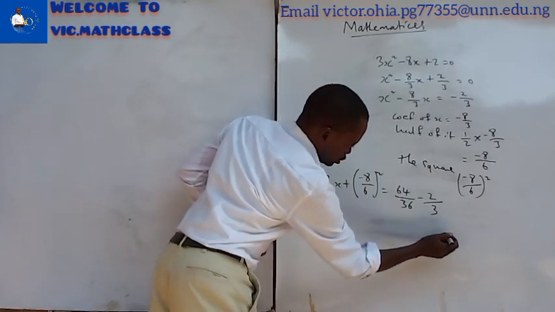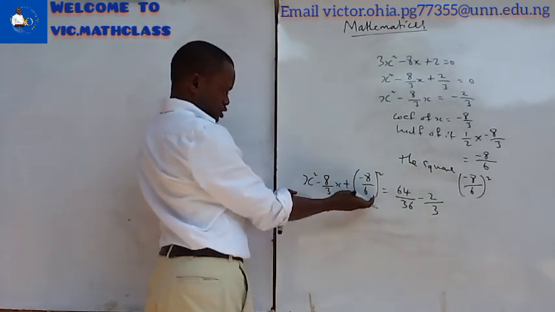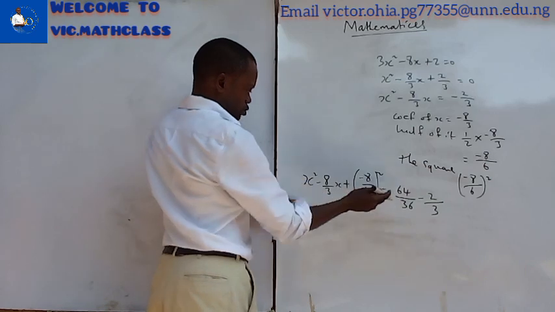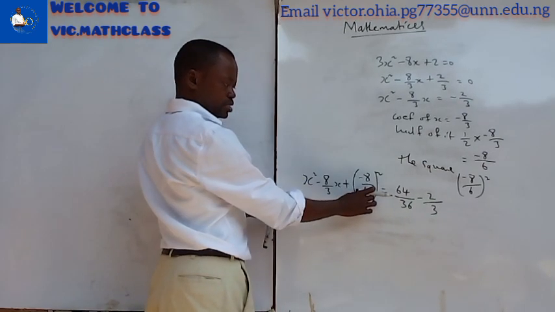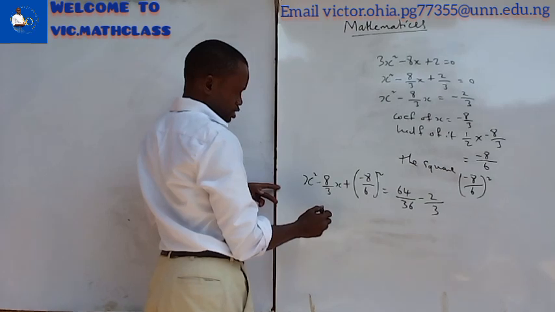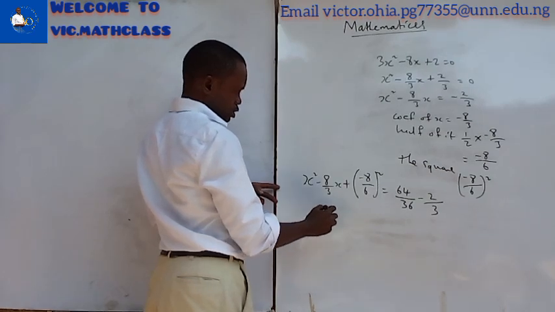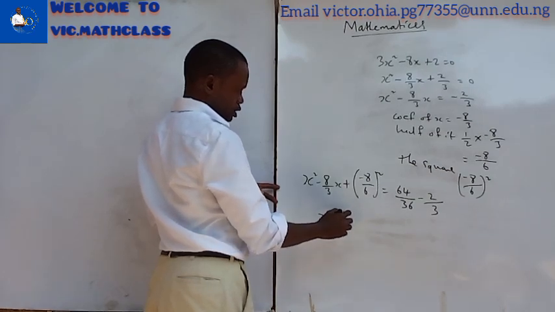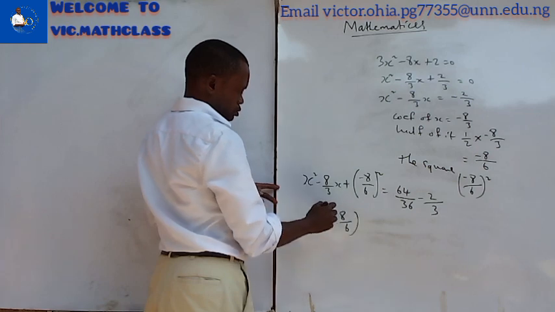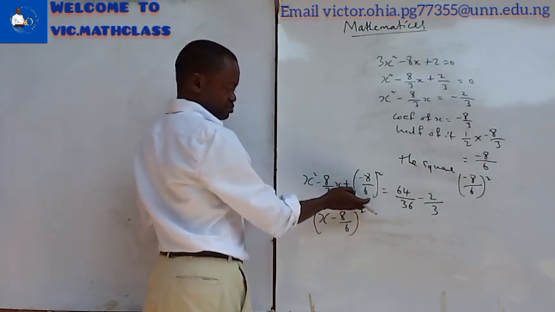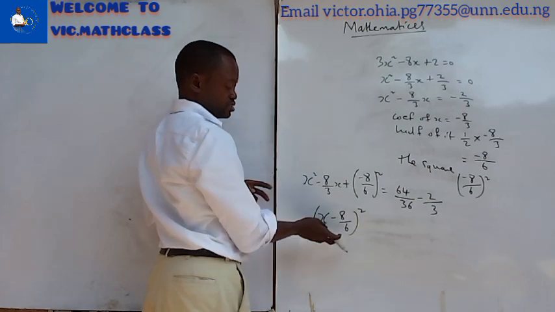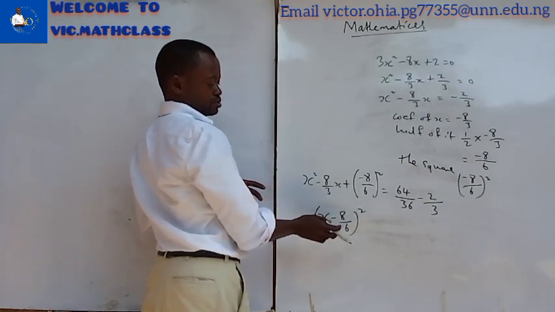What's the LCM? Let me express this now as a perfect square before going to this. You see, there is a reason why I left this like this. I explained it in some of the previous classes we had. So this will be x minus 8 over 6 squared, because when you simplify this, it will give you two factors that are the same.